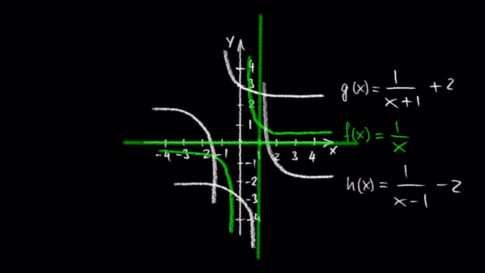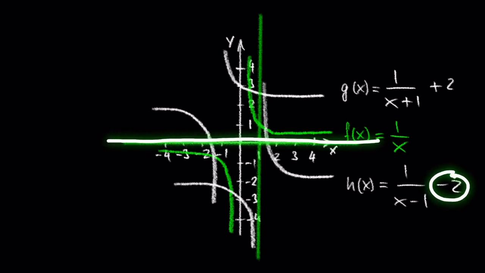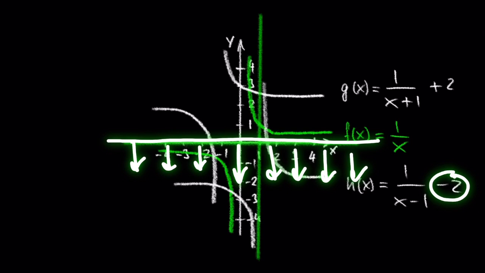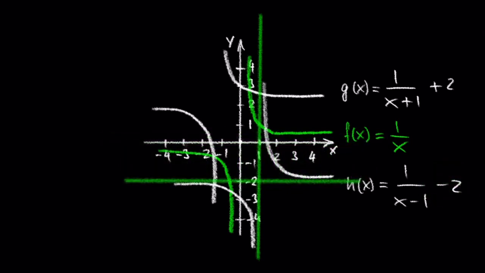And the horizontal asymptote 2 units down. Now we can easily sketch a graph of h of x.